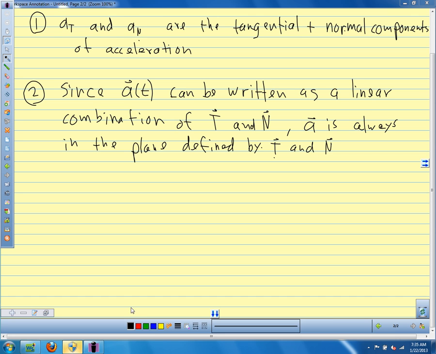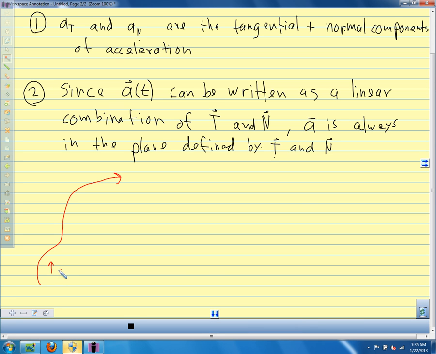If this is our motion here, so this is r of t, I'm going to draw in my acceleration vector. I'll do that in blue.